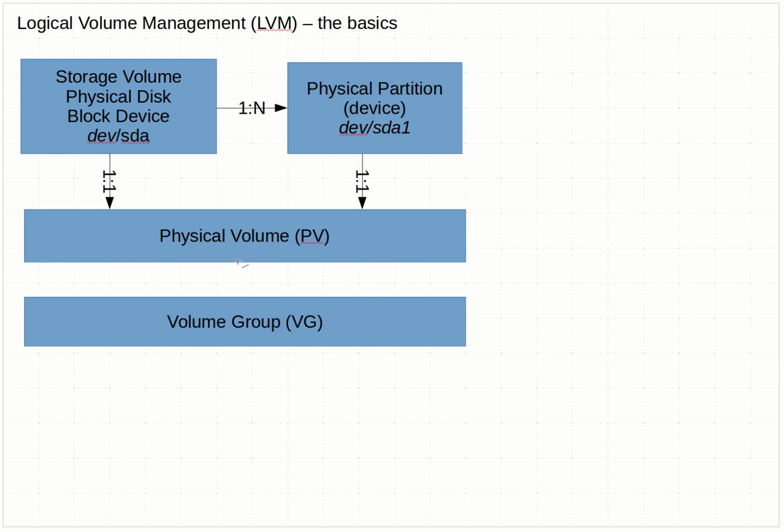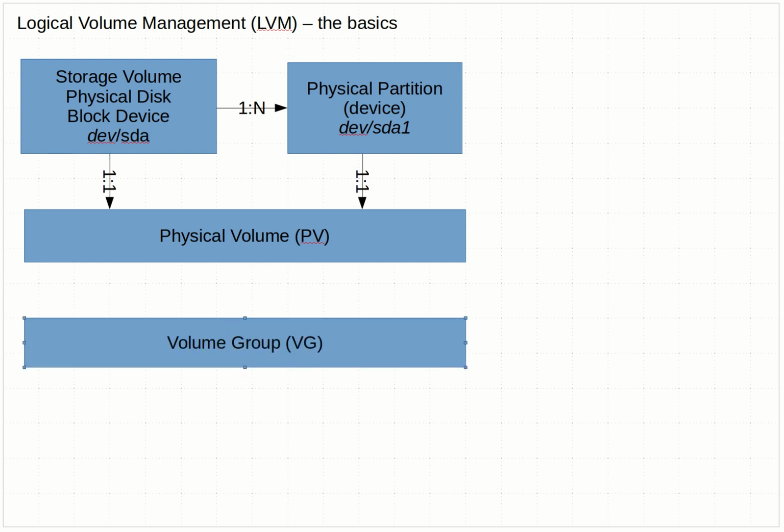I say add because a volume group typically is made up of multiple physical volumes, or one can also be. So that looks something like this. One or more physical volumes create a volume group.